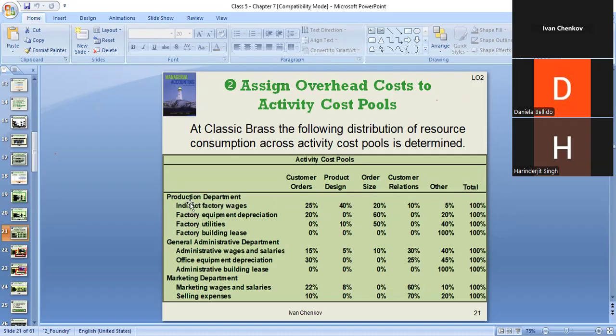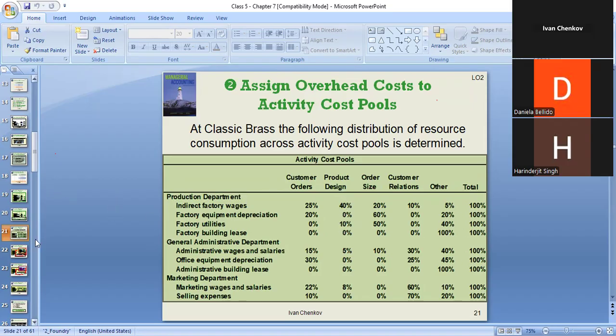based on the actual cost for that activity, how much this activity is using the indirect material, indirect wages, how much a customer order is using the factory overhead. You can see this customer order in some of those costs, they're not using anything. So if they're not using anything, we're not allocating costs for them. We're allocating costs only and only to the usage.